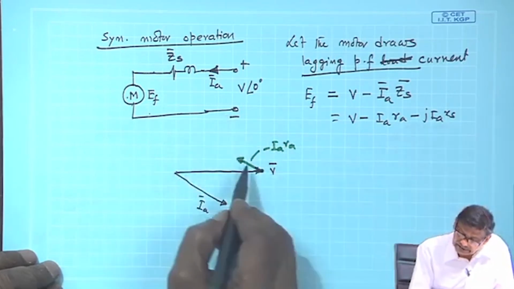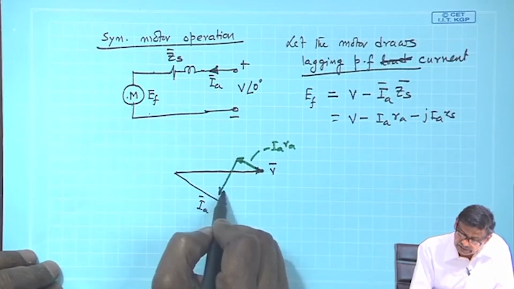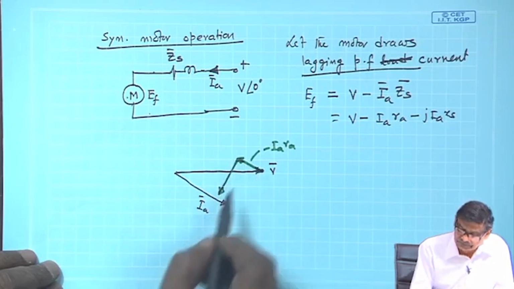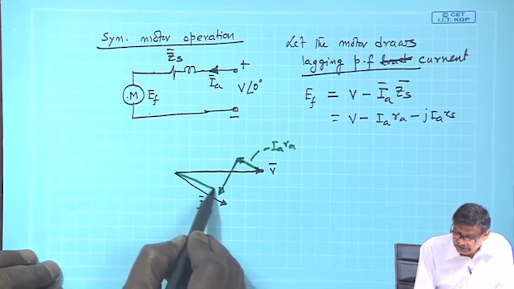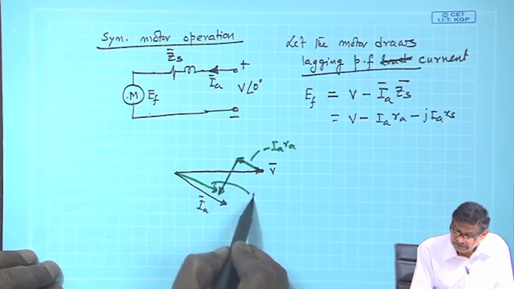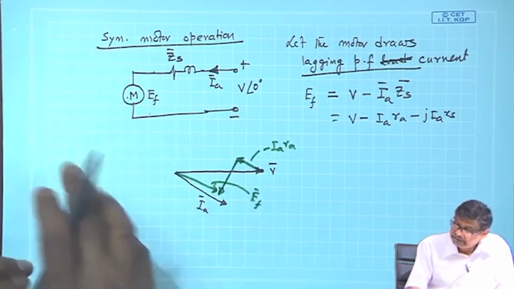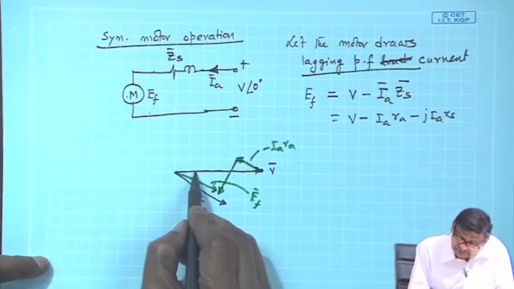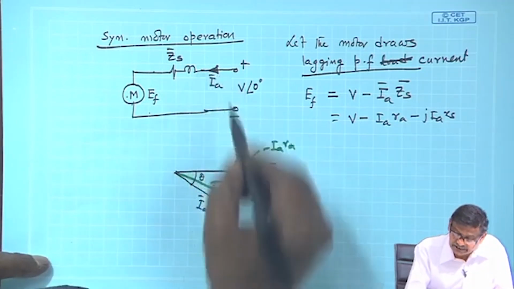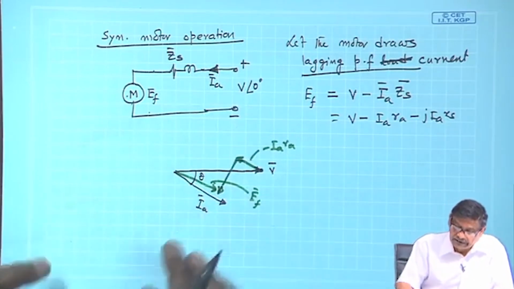So minus j IA XS will be 90 degrees to this, and this length is much higher compared to this length. So you will get your excitation voltage Ef, and this angle is theta, the operating power factor angle between V and IA.